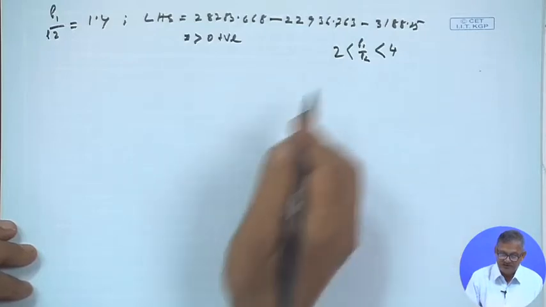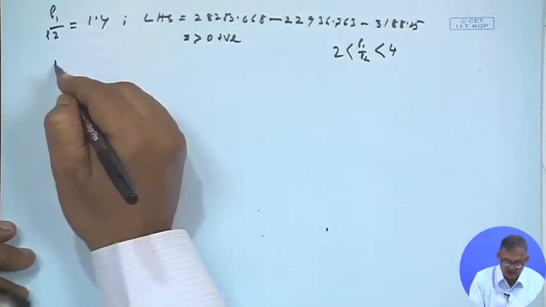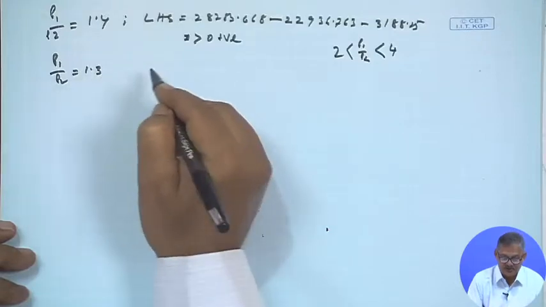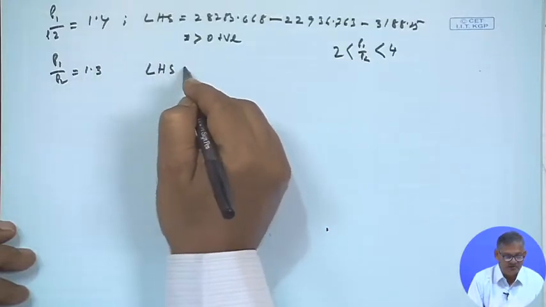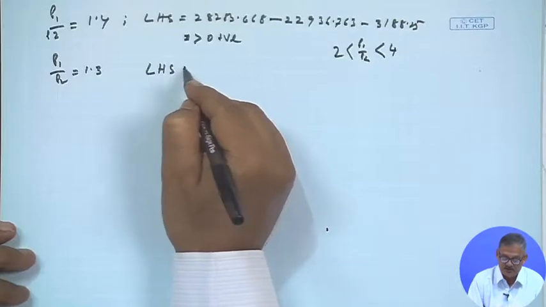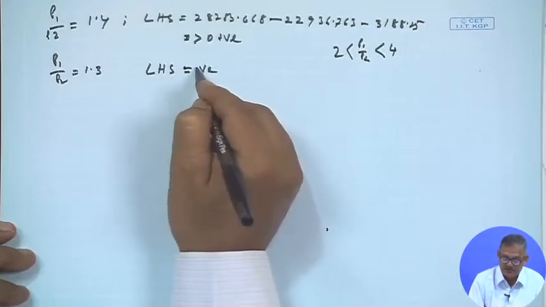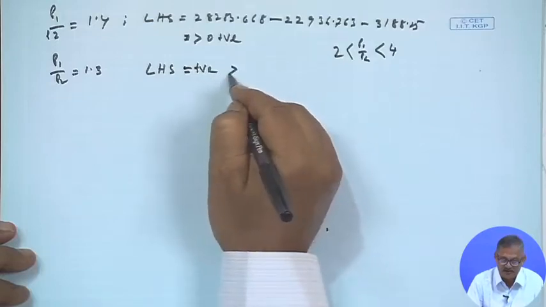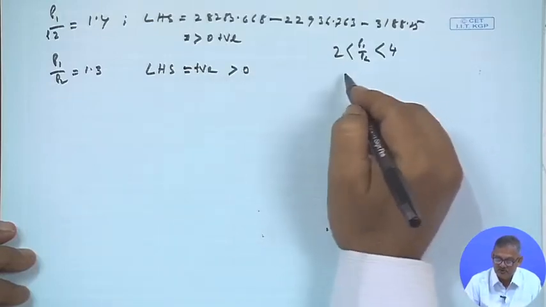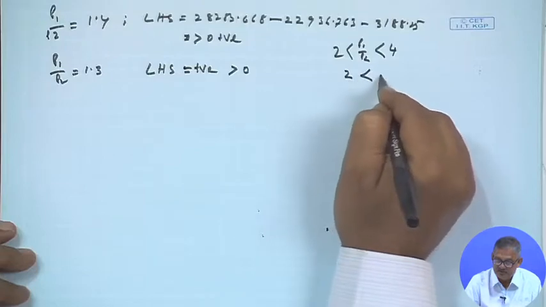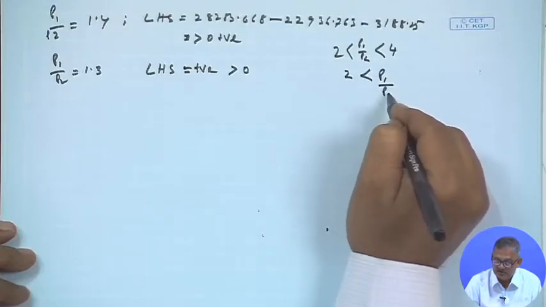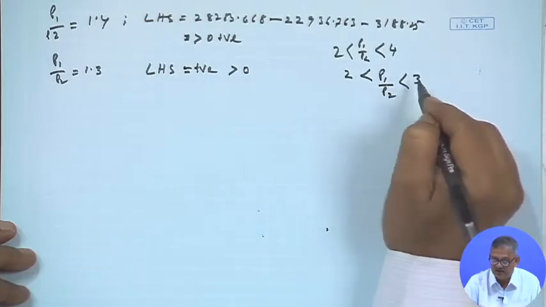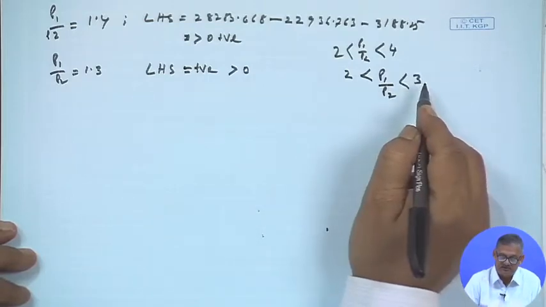So, if that be true, now let us take P1 by P2 to be equal to 1.3, and left hand side we will see this is still positive, right, and that means it is greater than 0. So, we can say 2 is less than P1 by P2 less than 3. So, it is lying between 2 and 3.